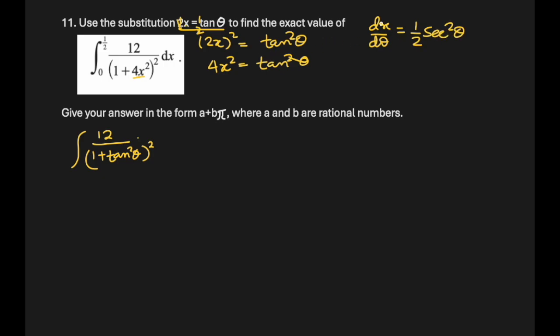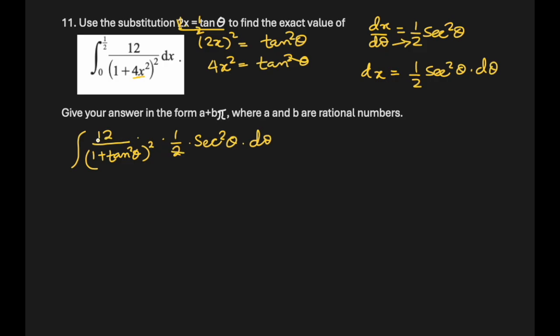So dx becomes half secant square theta d theta, and that's what I will write here.